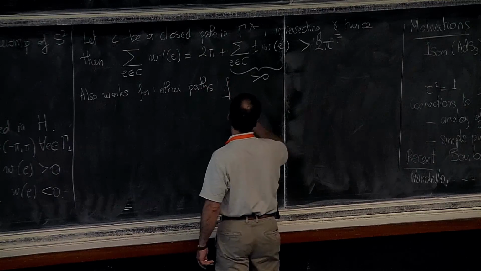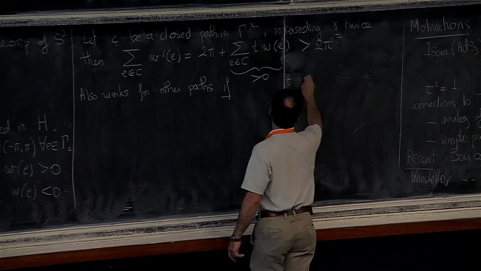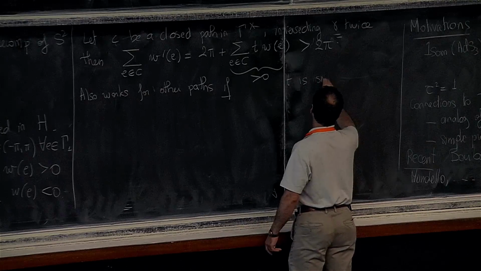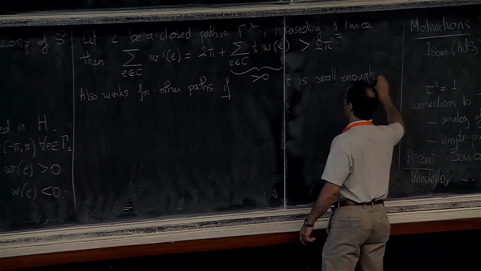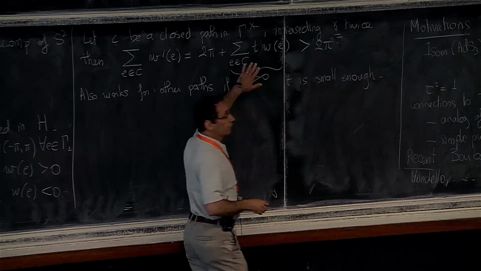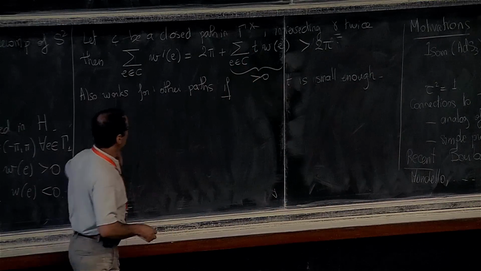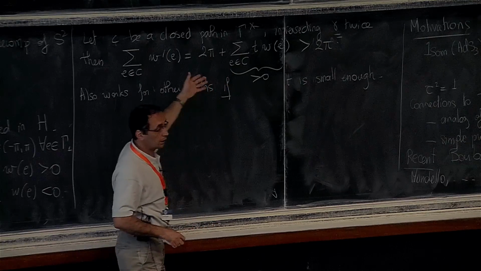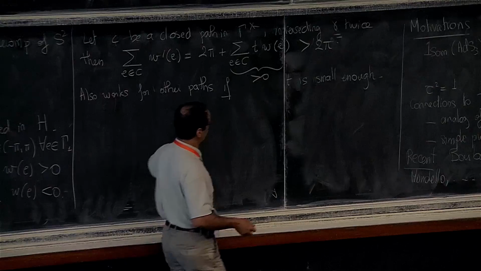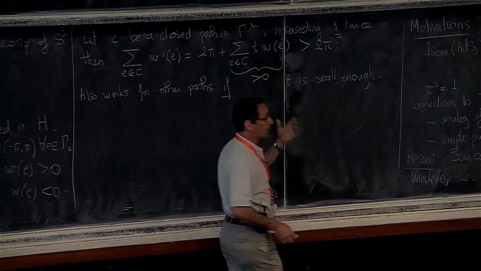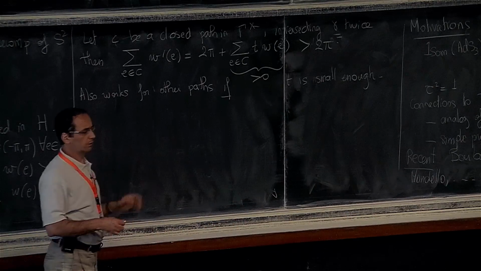And I just have to add that T is small enough, right? Basically, the idea is that if you have another path, maybe this is not going to be positive. It could be less than 0. But because you're adding 2 pi more than once, you'll end up with something which is still bigger than 2 pi, for any path, right? I think this should be reasonably clear.